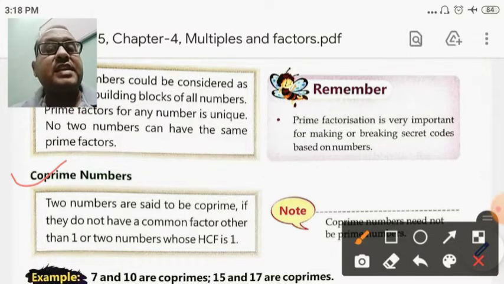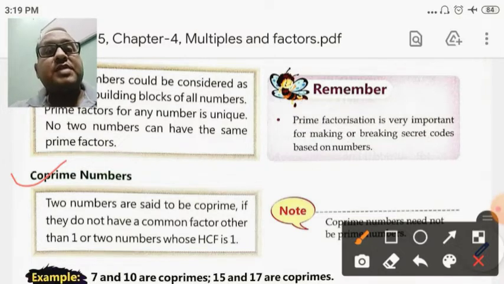It is not necessary that the two numbers are prime for them to be co-prime. If the HCF between any two numbers is 1, then it is co-prime, otherwise it is not.